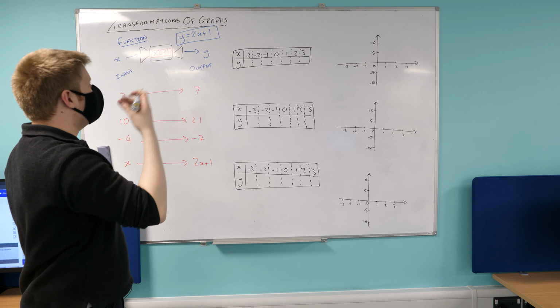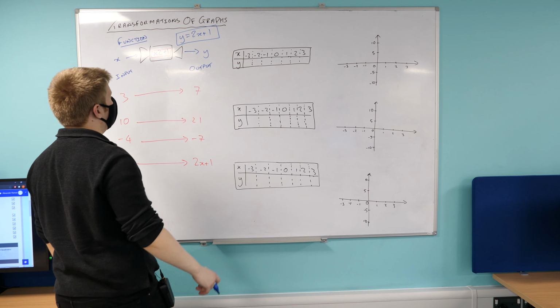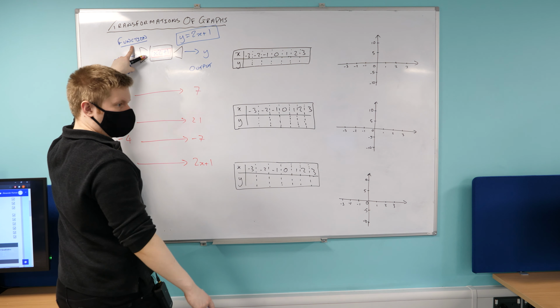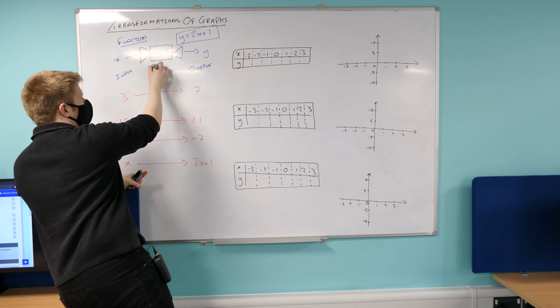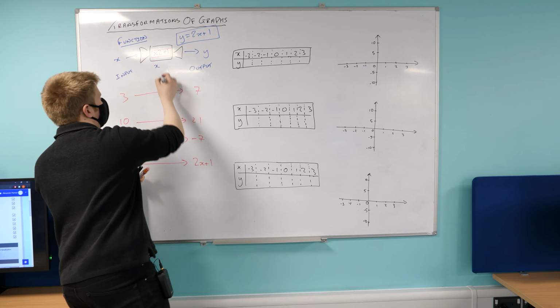Now just because I know that my output y is given by taking my input, timesing it by 2 and adding 1, I don't want to write this out all the time, so I'm going to use a bit of notation here. Instead of writing my function is times it by 2 and add 1, I take my input, which is x, and I apply a function to it.